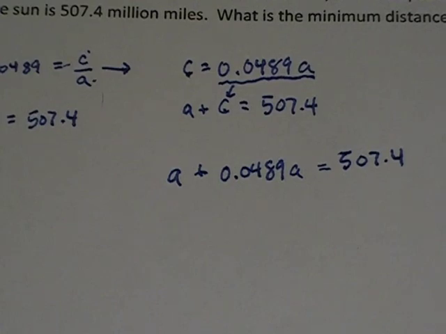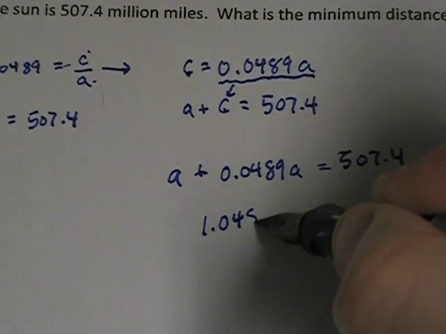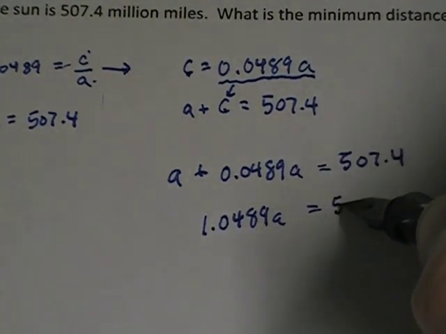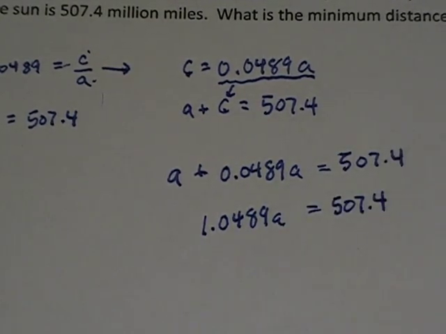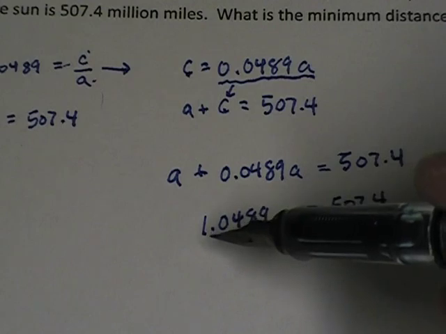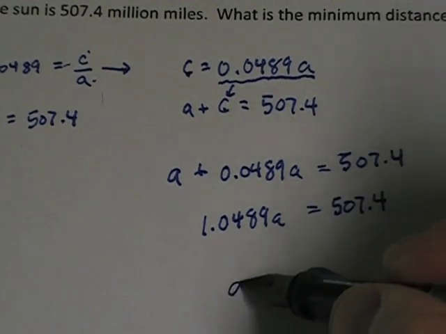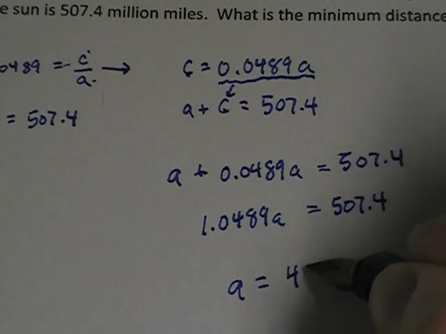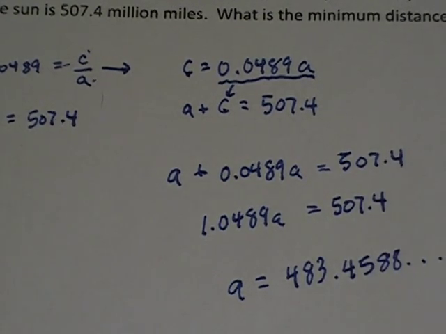So now, add these up. I get 1.0489A equals 507.4. And then we're going to divide both sides by 1.0489, so 507.4 divided by 1.0489. And I get A equals 483.4588, and it just keeps going, and nobody really cares.